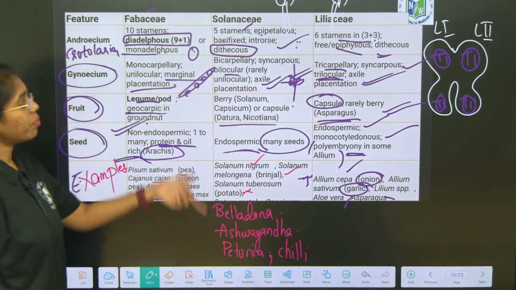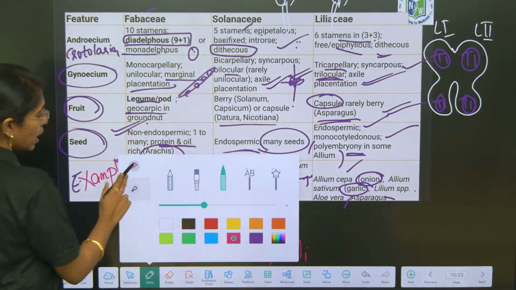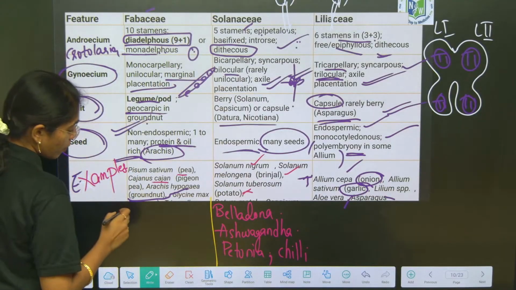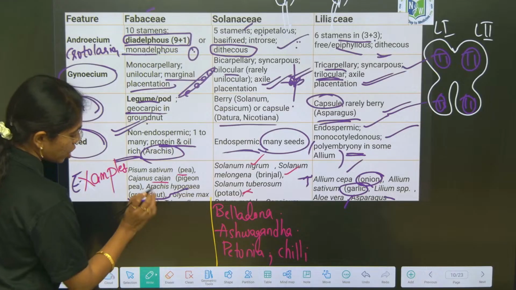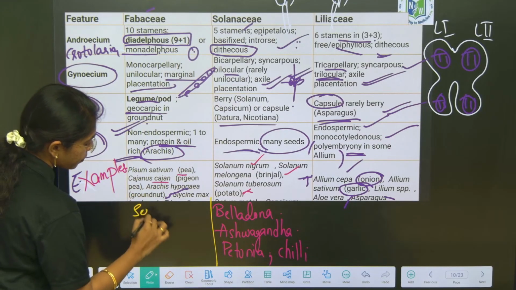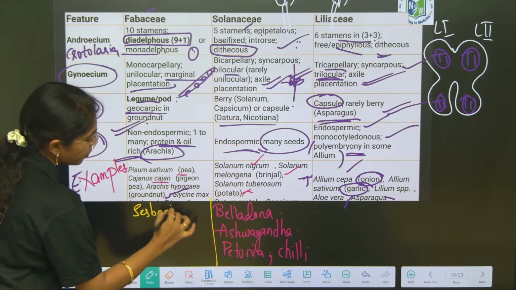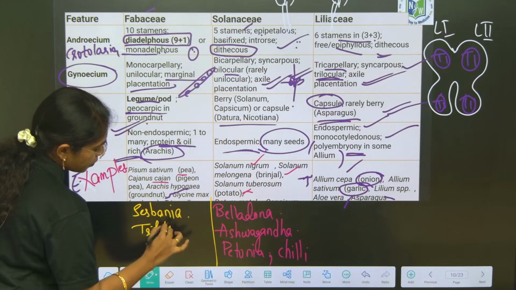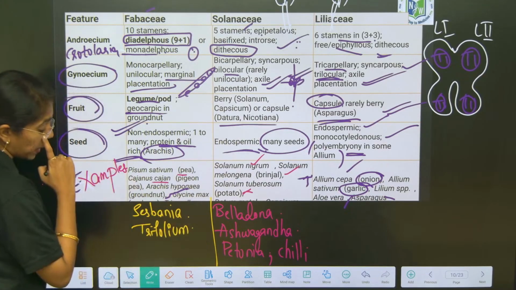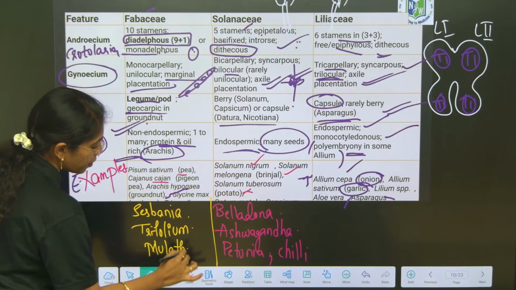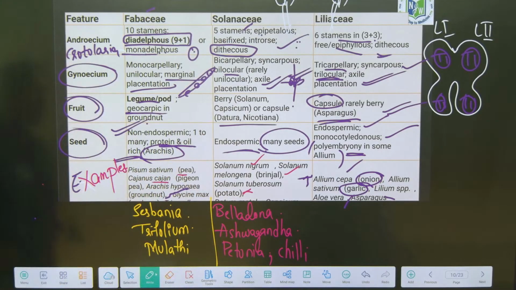These are the examples of Solanaceae members. Here under Fabaceae you can also take Arachis, which is already there, Sesbania, Trifolium, fine, Mulethi, which is the medicinal plant. Yeah, this set you take.